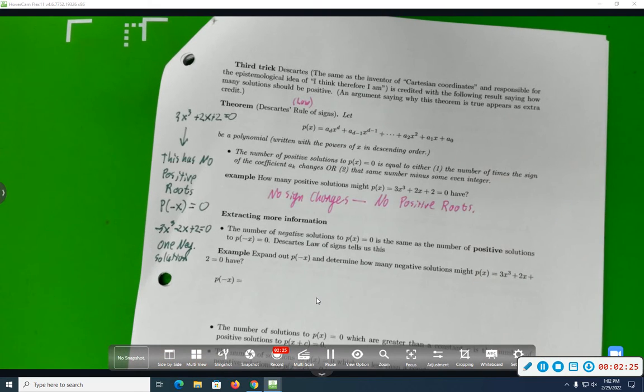So we'll have no positive roots. So that's a really specific thing for this to tell you. It tells you how many positive roots a thing has. But you can get other information out of this.